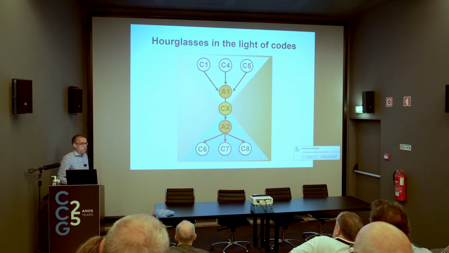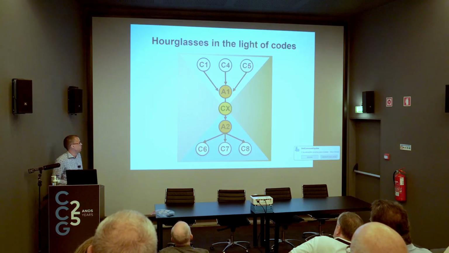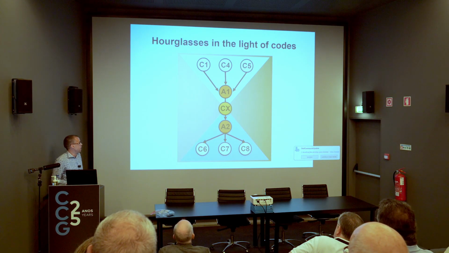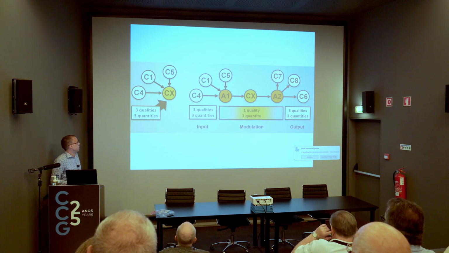Then you will end up with these hourglass structures as they are described in network biology, and I claim here that at the heart of the hourglass structure is an adapter molecule.